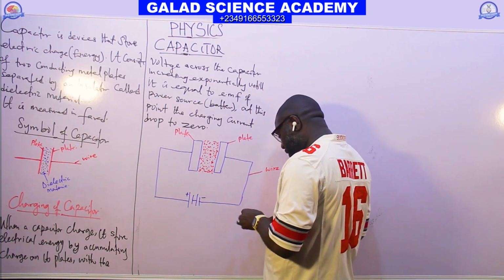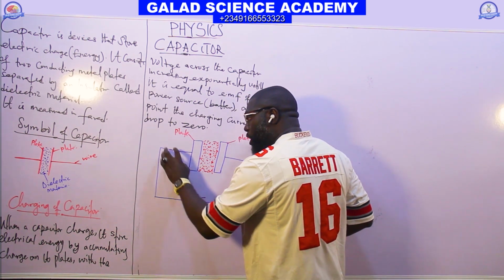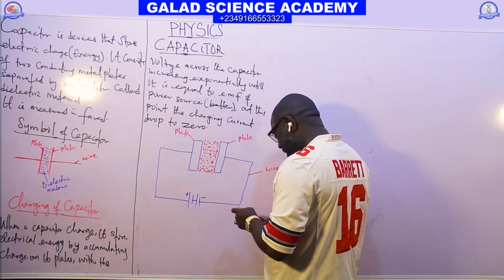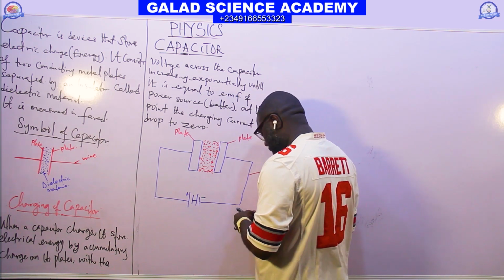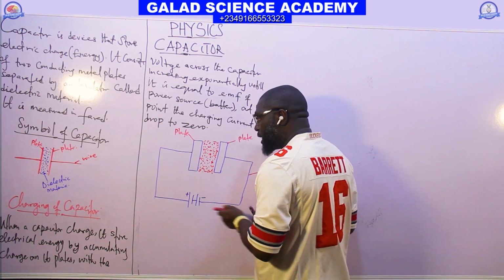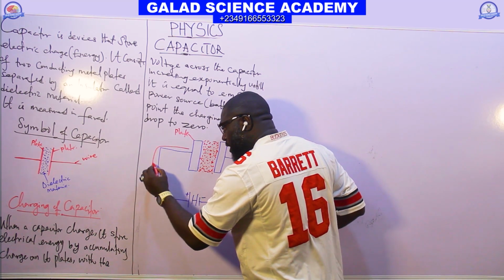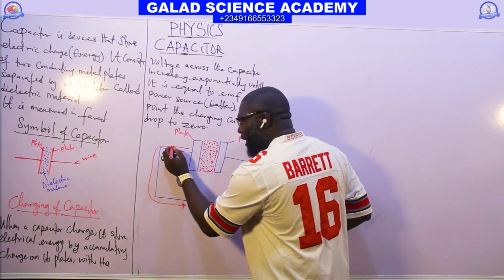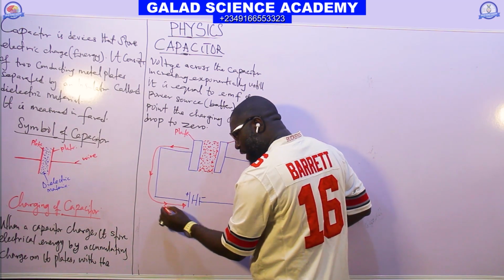Immediately we connect the positive end to this side, you will observe that the electrons in this circuit will move from the plate to the positive end of the battery.